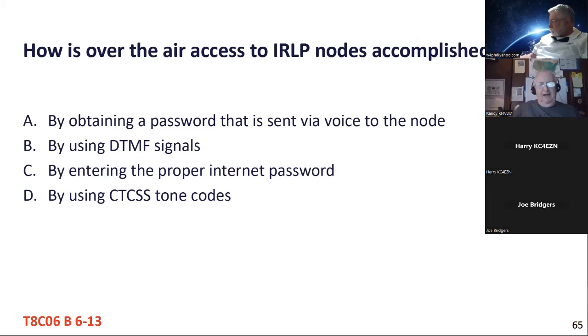What you did on the IRLP was hit star, then find the repeater that you wanted to get in touch with, and you put in a 4-digit code, numbers, then hit, I believe it was, I haven't done this in a while, hit pound, and it would activate it. But how is over-the-air node access accomplished? Again, B, using DTMF signals. Okay.